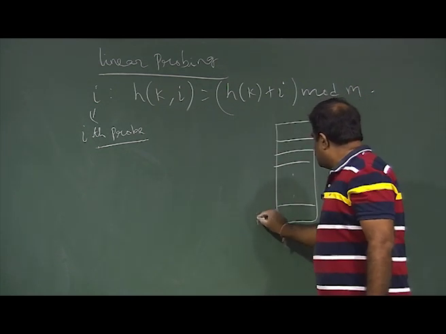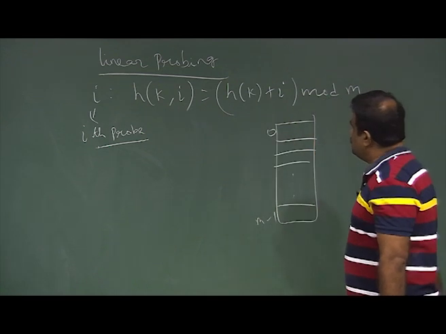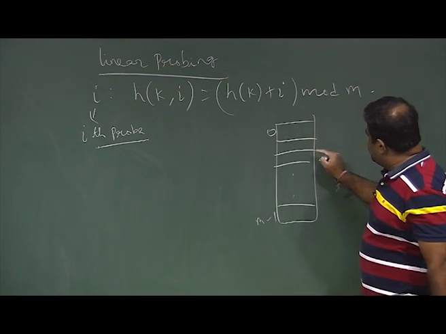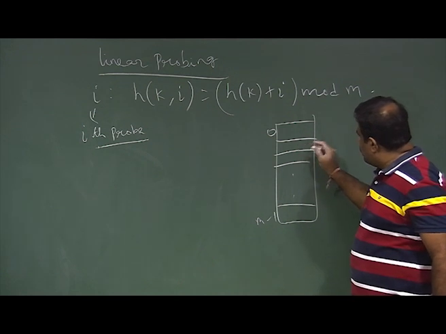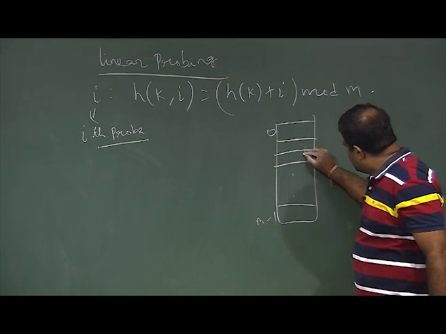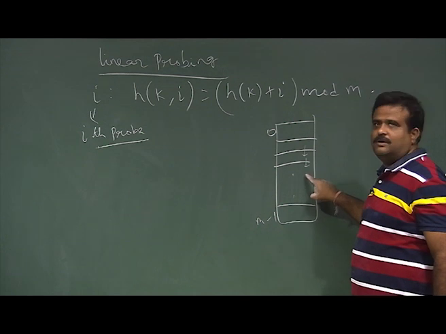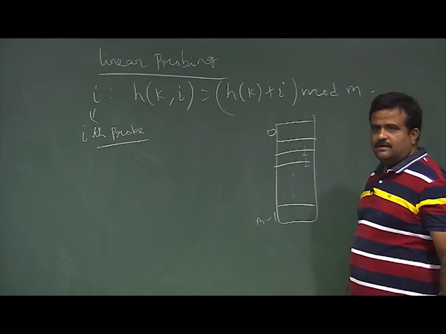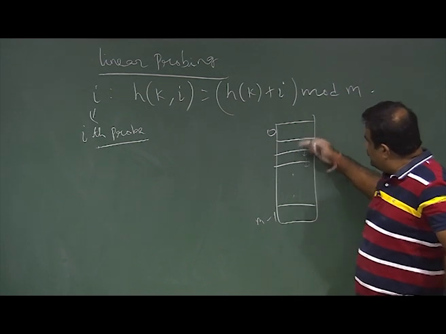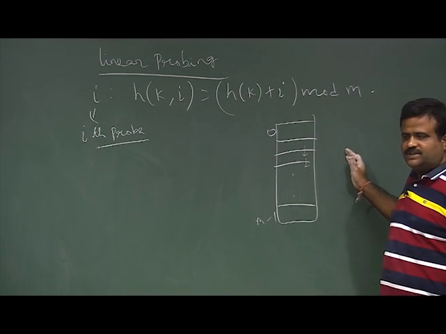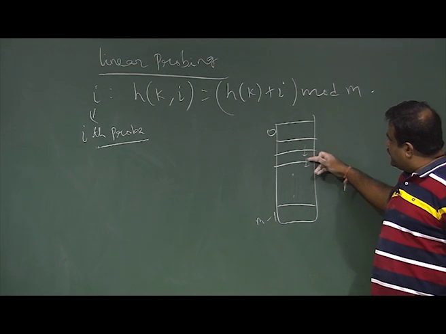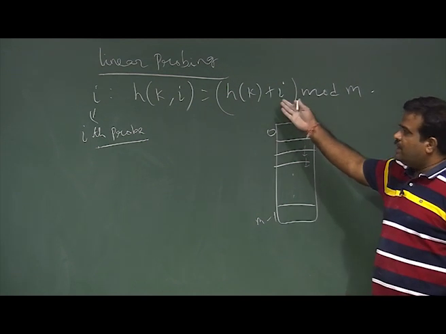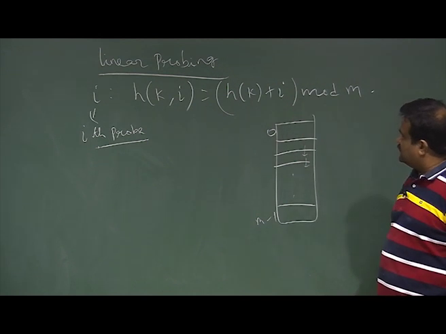These are our slots, 0 to m minus 1. Suppose it is hitting some occupied slot, then this is looking at the next one, whether it is available or not. If it is available, we put it there. We have to fit everything into the table, we are not allowed to have a chain. So, we just try to see whether the next one is available or not.